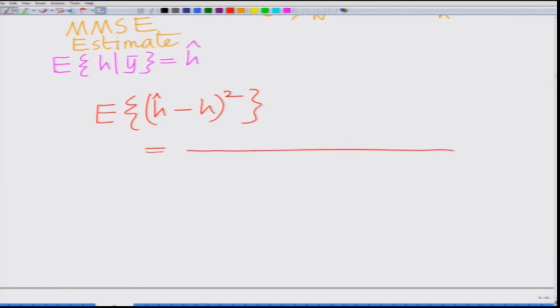We have derived the expression for this, that is 1 over sigma square divided by n plus 1 over sigma h square.